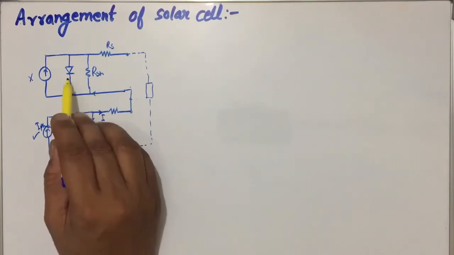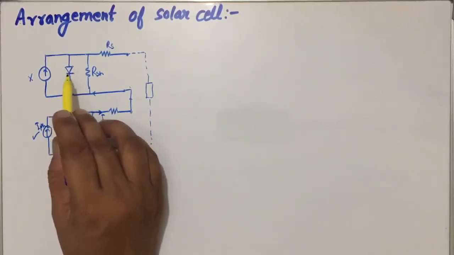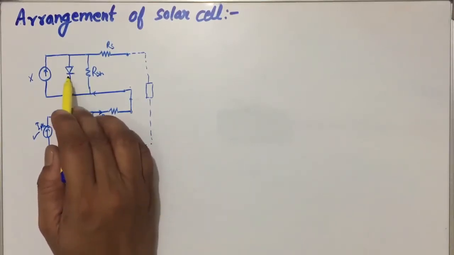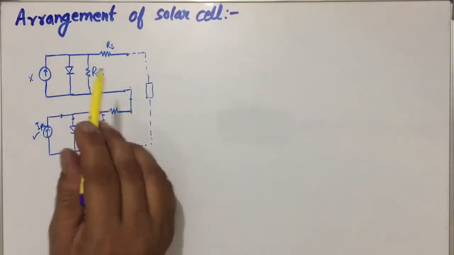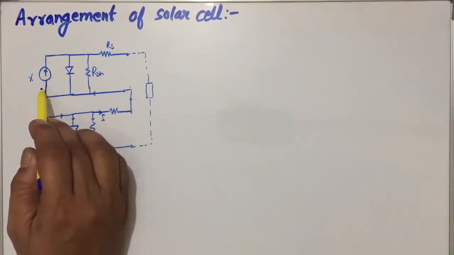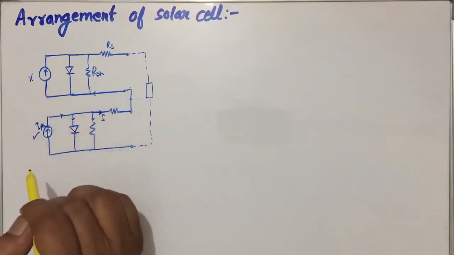Now come to this. This is connected in anti-parallel, in reverse bias. So due to the reverse bias, it will block the current and will not allow it to pass. Now, as there is no operation, there is no path for the current through this.